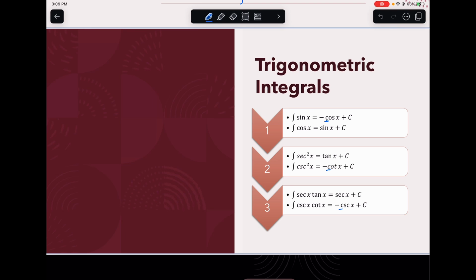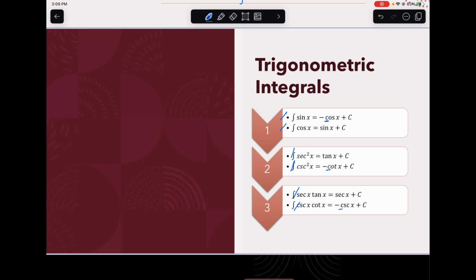If you want to recall when it will be positive or negative, sine and cosine are the two basic trigo functions which have a direct integral, the negative cosine x and the positive sine x. But we have four special cases here: the secant squared, cosecant squared, and secant tangent and cosecant cotangent, because those are the reverse formulas.